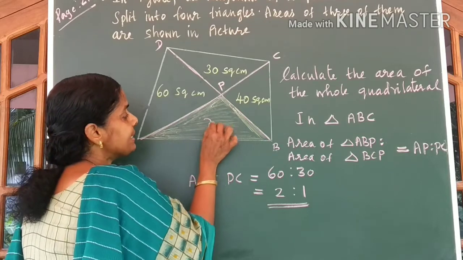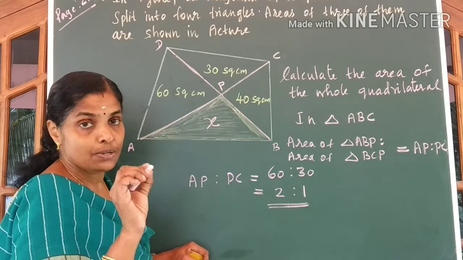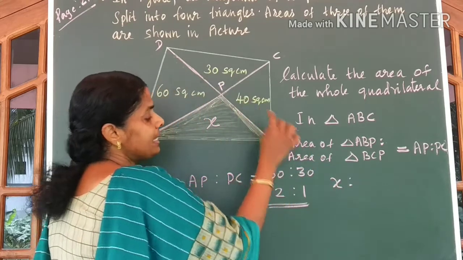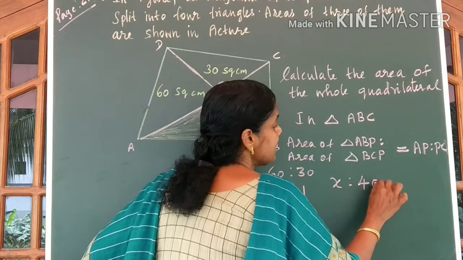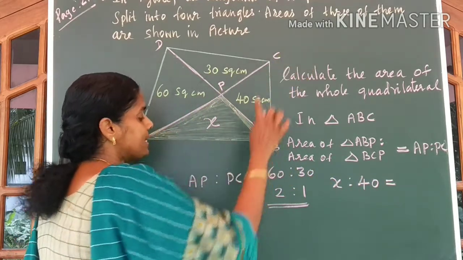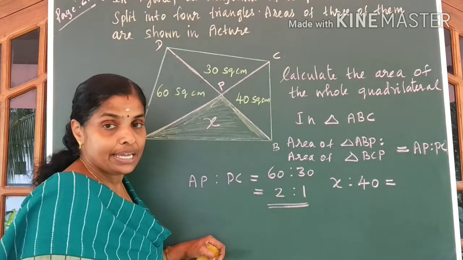The area of triangle APB, that we have to find out, let us consider that to be some x. So we can write x is to 40, since this area is 40, is equal to AP is to PC. We know it is 2:1.